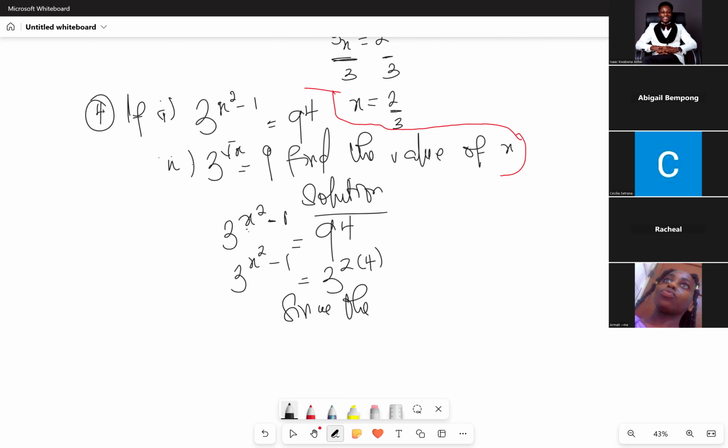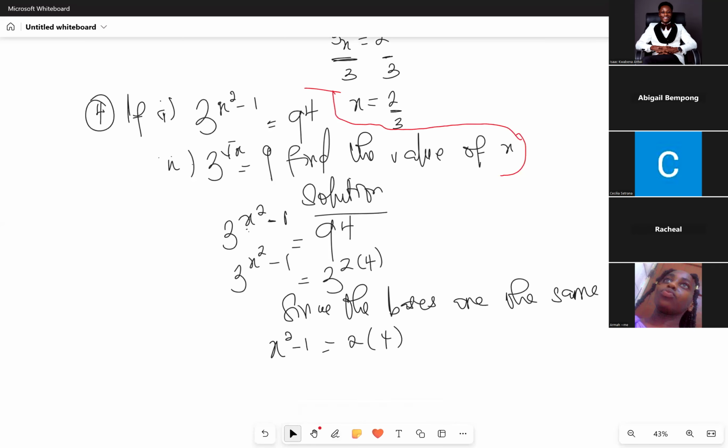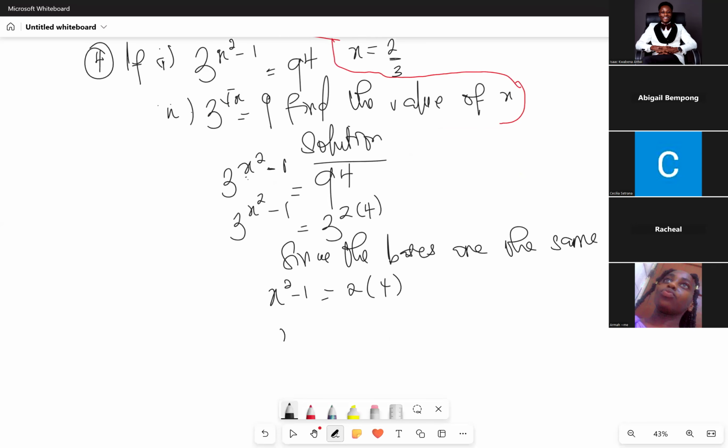So since the bases are the same, x squared minus 1 equals 2 times 4. So now it makes sense. So you have x squared minus 1 is equal to 8.